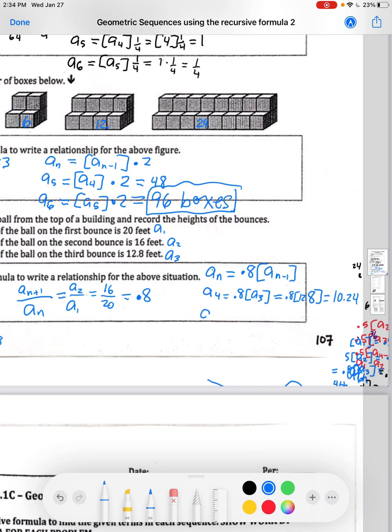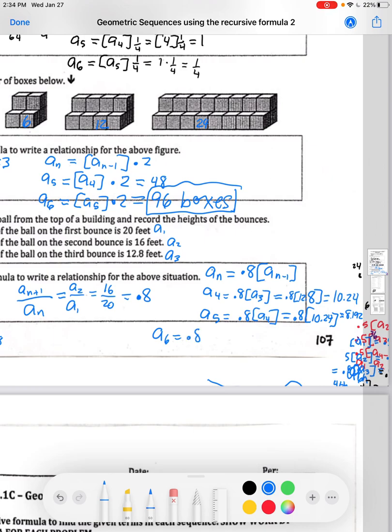Next one down, we get A5 is going to be 0.8 times A4, which is equal to 0.8 times 10.24, which is 8.192. Sorry, I'm running off the page. A6, I'm going to just move over a little bit.